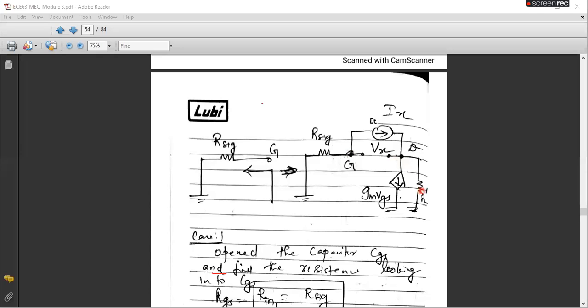The voltage across RL dash is given by the gate voltage plus VX. So this is your VGS and this is your VX. So VGS plus VX is nothing but the voltage across the load resistance RL dash. So what will be the current through RL dash? Tell me what will be the current through RL dash?